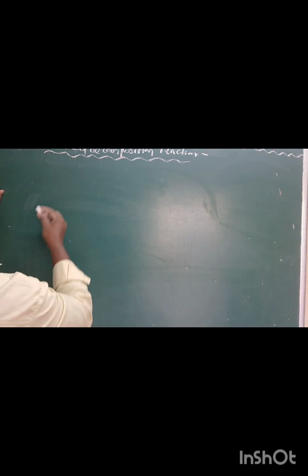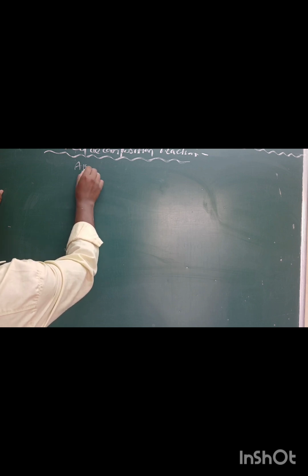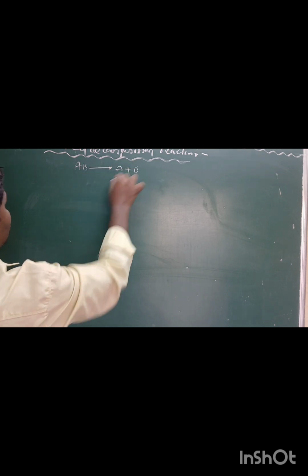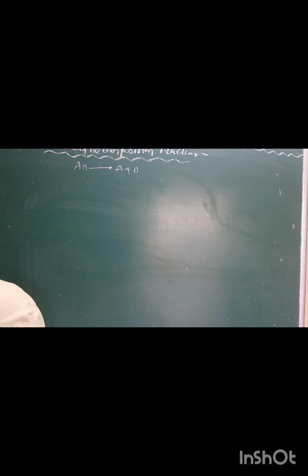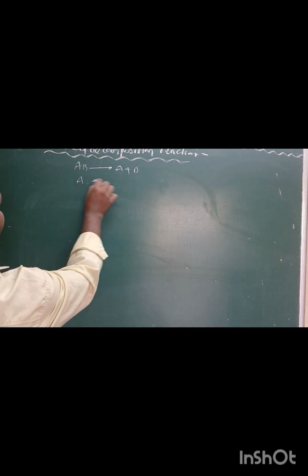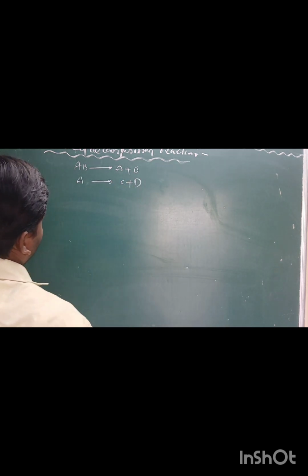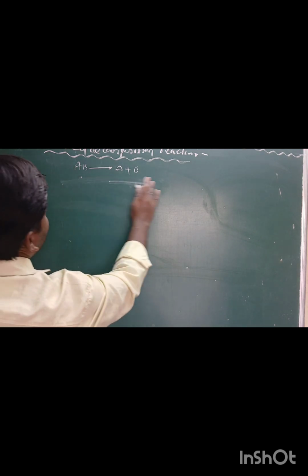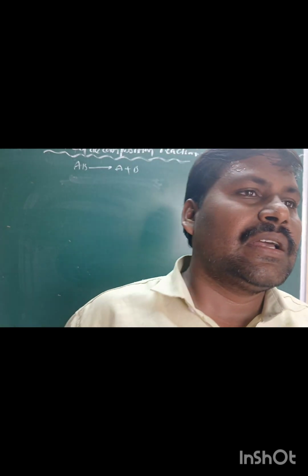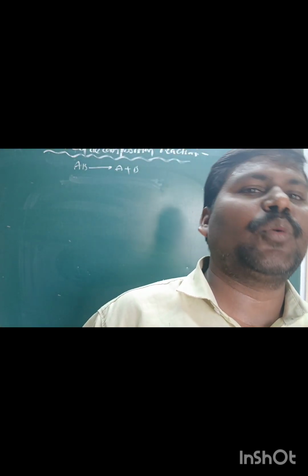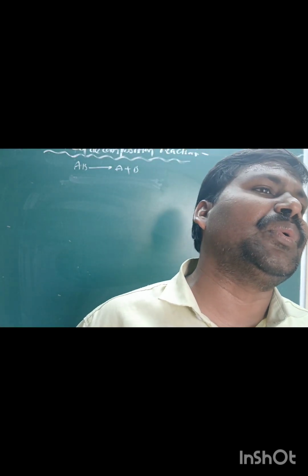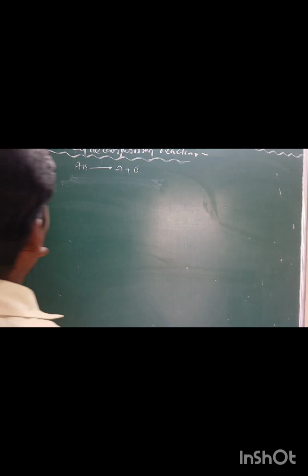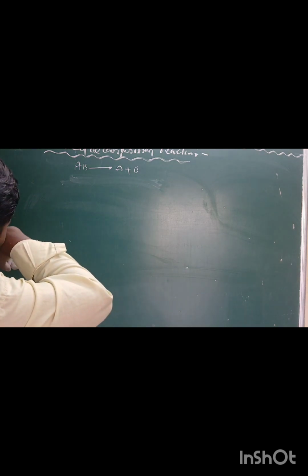Decomposition means an AB molecule splits into A plus B, or A gives rise to C plus B, or B plus C, any one. A single substance splits into two or more substances. The reaction in which a single substance breaks down or splits into two or more substances is called a chemical decomposition reaction.